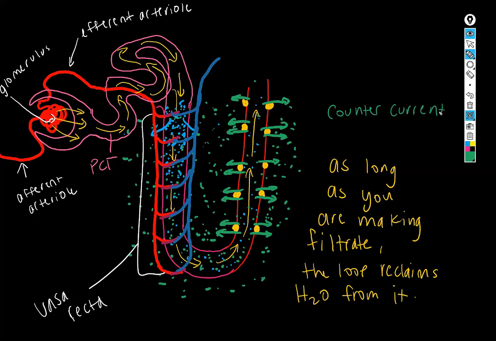So countercurrent referring to the opposite flow directions, multiplier, and that's just referring to the fact that it multiplicatively enhances how much water is being taken back from the filtrate. So there's a lot of pictures and a lot of terminology, but if you kind of break it down to what you know about osmosis and permeability, it makes a lot of sense.